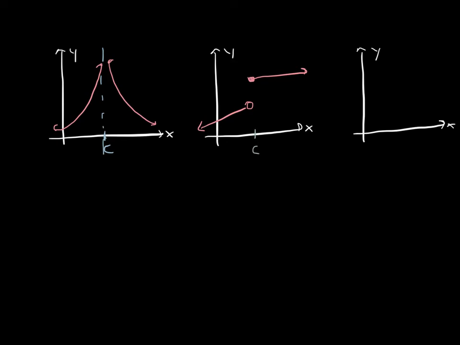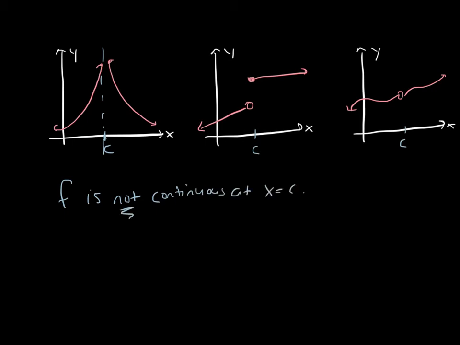And we have a removable discontinuity. So for all three of these, f is not continuous at x equals c. But f is also not differentiable at x equals c, and we're going to consider this visually.